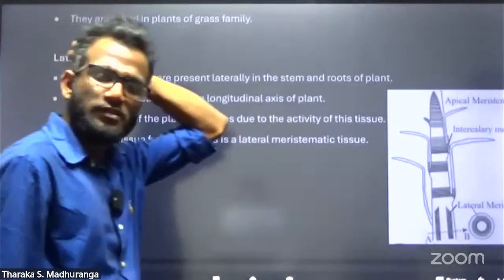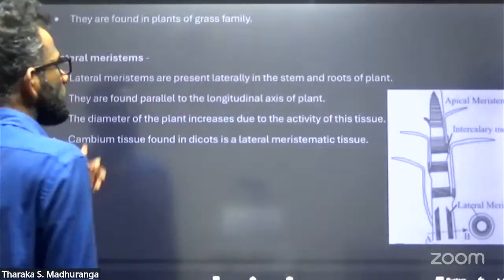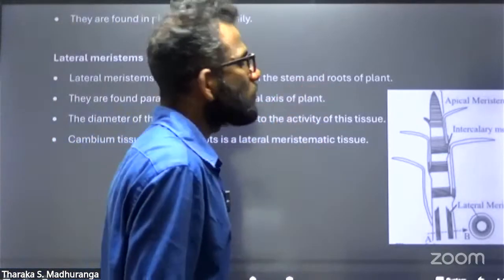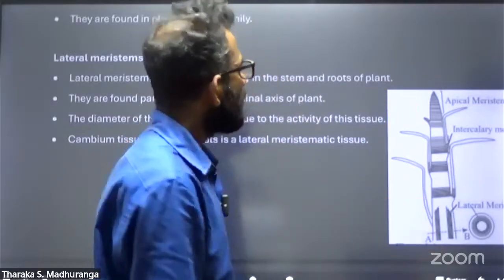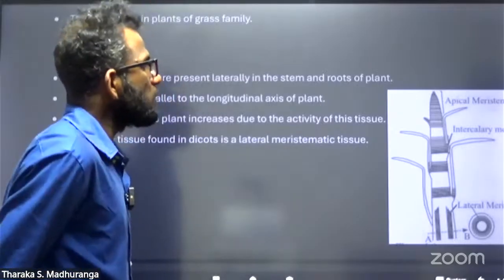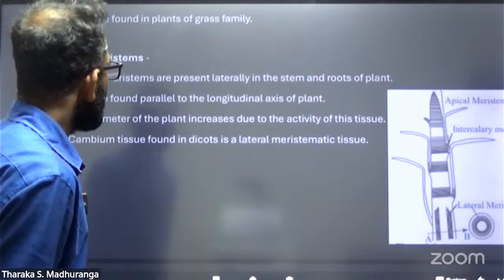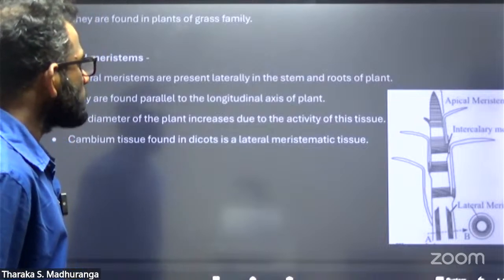Okay, lateral meristems, as I explained yesterday, are present laterally in the stems and roots of the plant. That means the lateral part of the root and the stem. They are found parallel to the longitudinal axis of the plant.